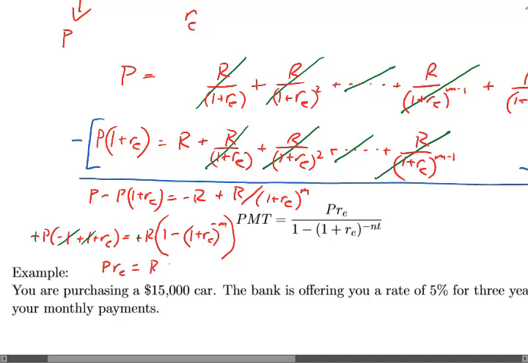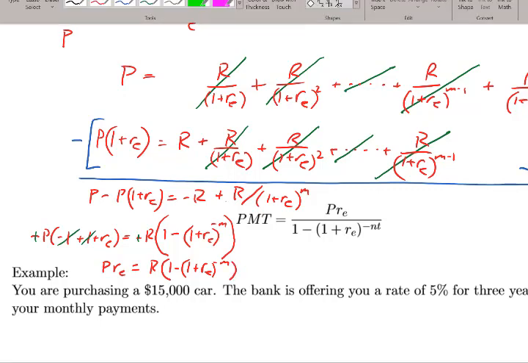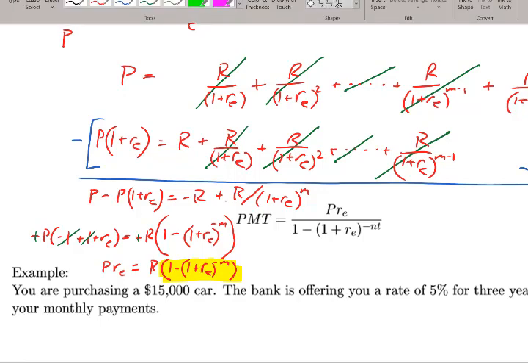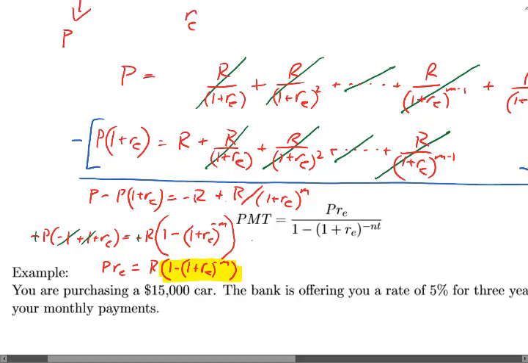And then on the right hand side, we have R times 1 minus 1 plus RE to the negative M. And so notice that you divide both sides by this quantity here, and you'll end up with that equation right there.